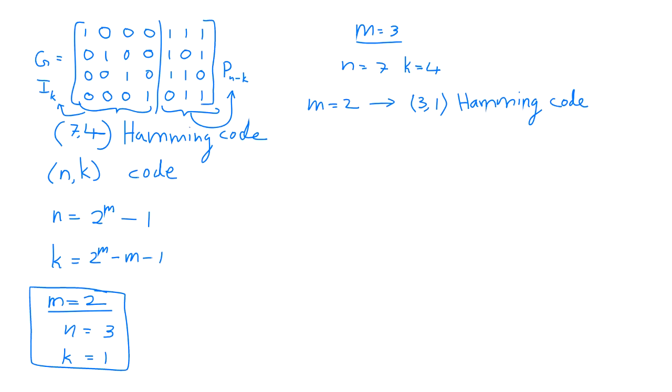And what is k? K is the number of information bits or the message bits, right? So I'll just write it as info, and 3 is the total block length.